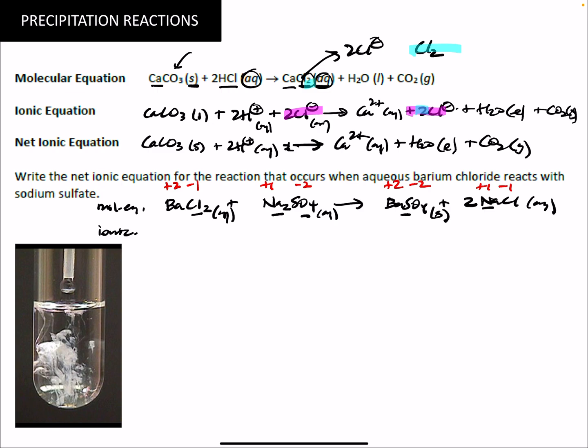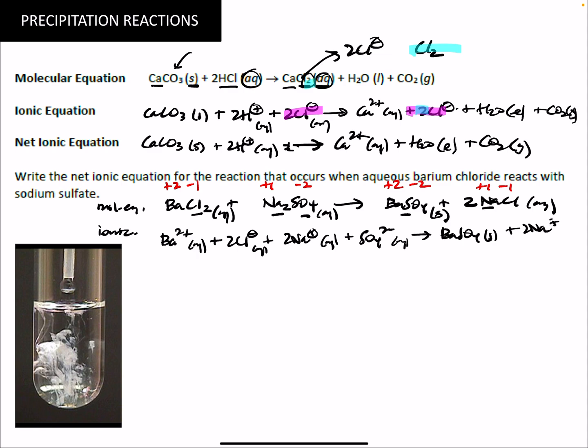All right, so we can see it's a precipitation reaction where we've made a solid precipitate. So the ionic, then, we got to split our compounds into their ions. 2 Cl minus plus 2 Na pluses. Oops, aqueous, plus sulfate. I'm going to write barium sulfate solid plus 2 Na plus 2 Cl minus.